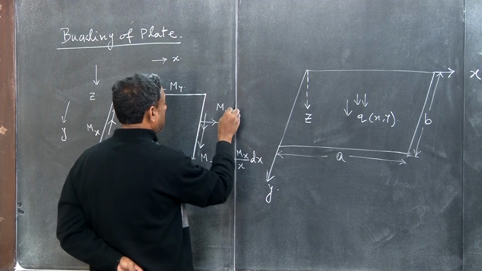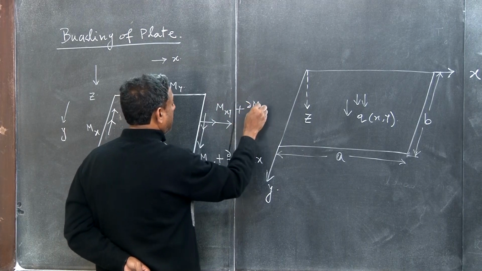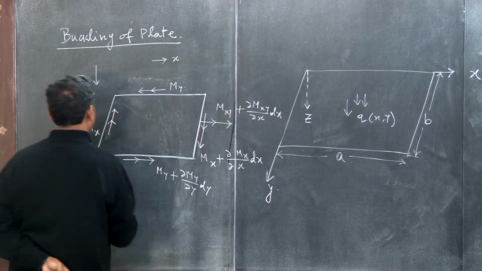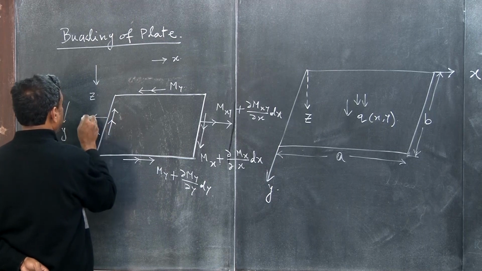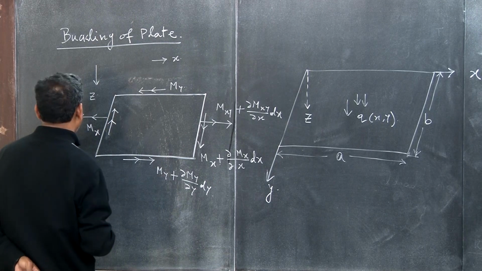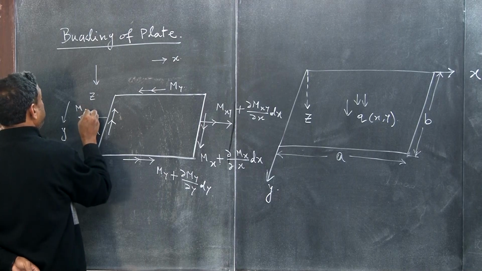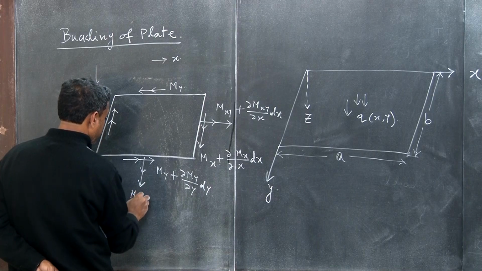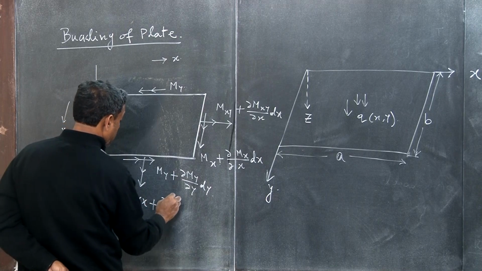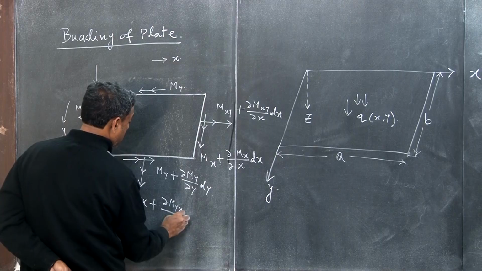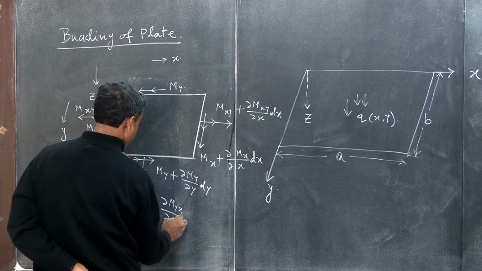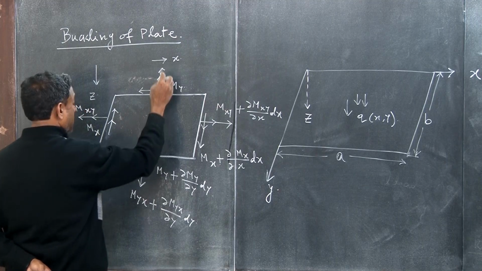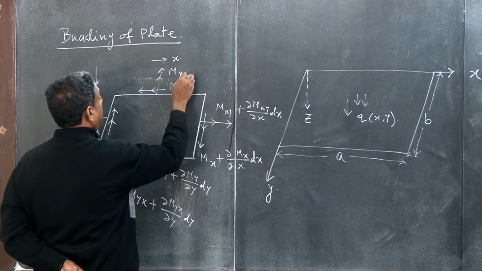This is Mxy plus del Mxy by del x dx, and this one is Mxy. And then Myx. Please note that Myx plus del Myx by del y into dy, and here it is Myx.